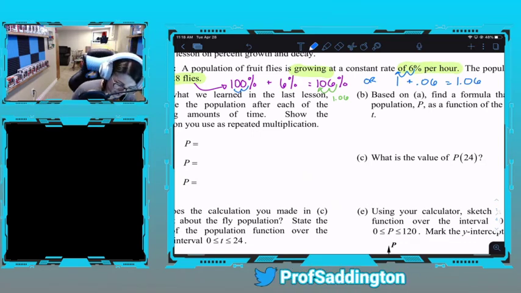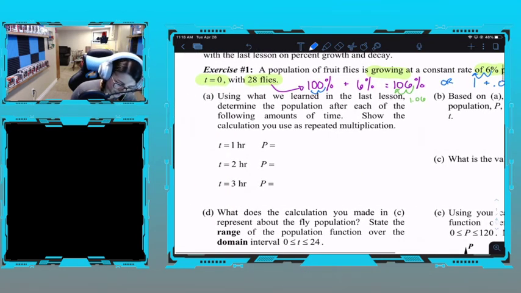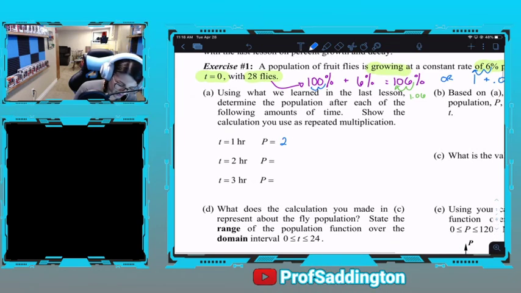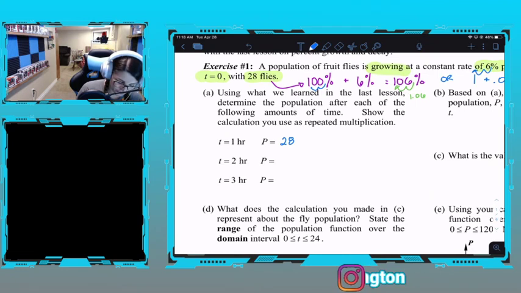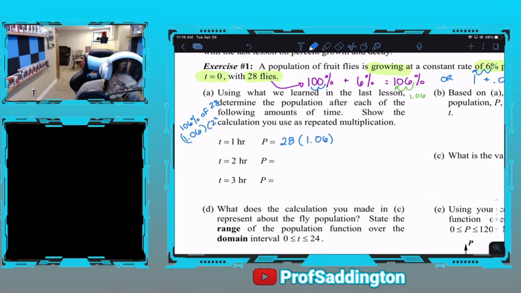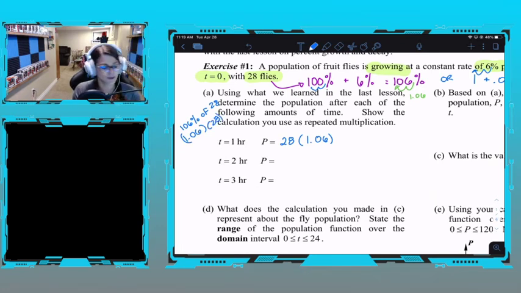All right, so we're going to start with that initial population of 28, and then increase it, so we multiply by that 1.06. We're doing 106% of 28, so 1.06 times the 28, or 28 times 1.06.